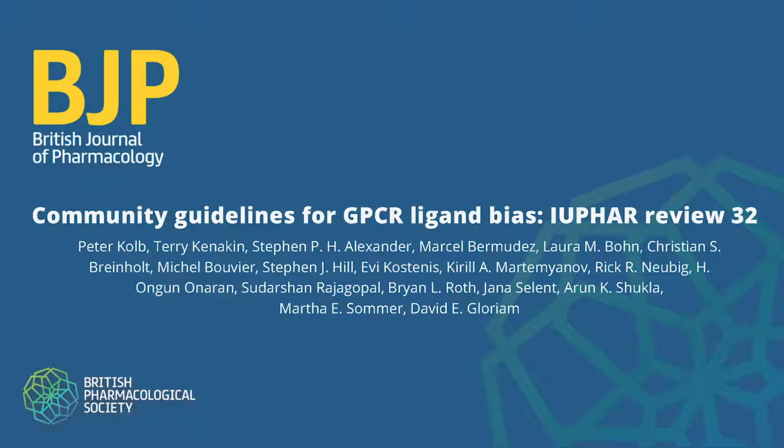Absolutely. So I think many people in the field have known for quite some time now there was a big need for community guidelines for bias signaling, for many reasons, because data has been a little bit unclear. And I think there's been some misunderstandings, both in how to be clear on what it is, but also how to do the experiments.